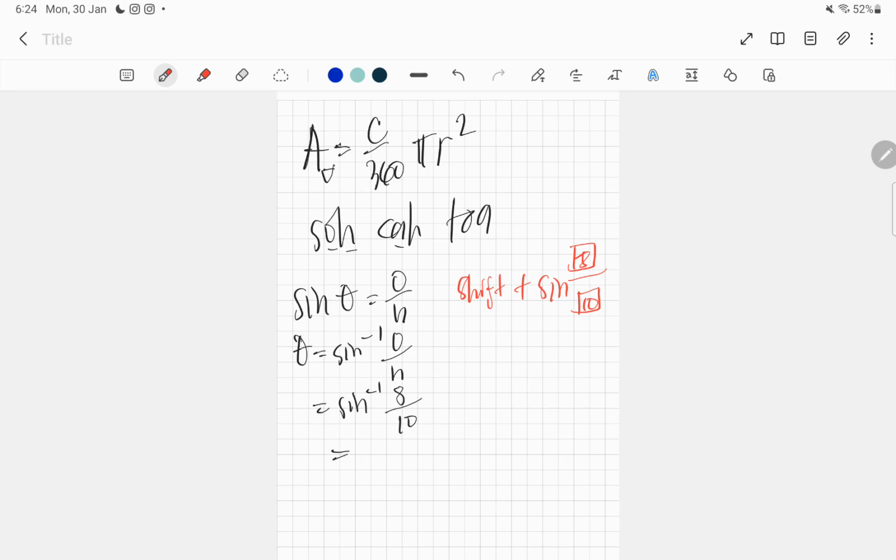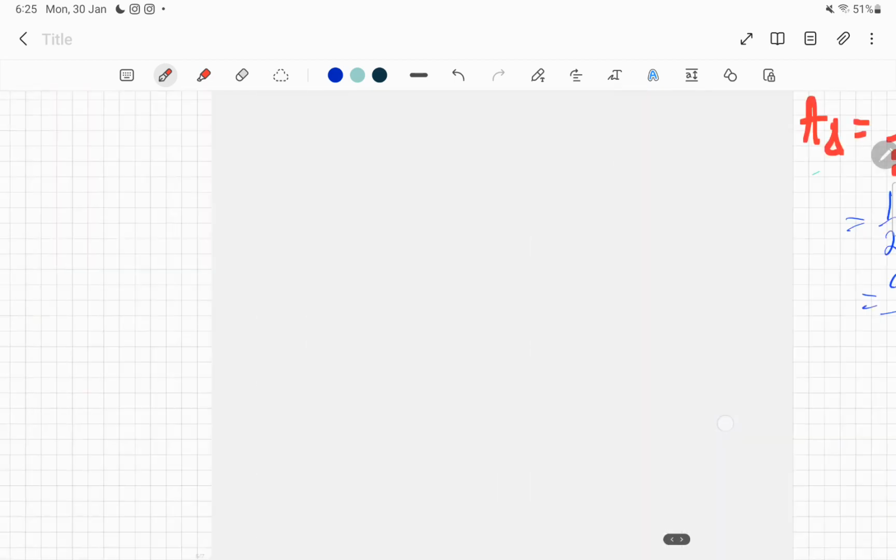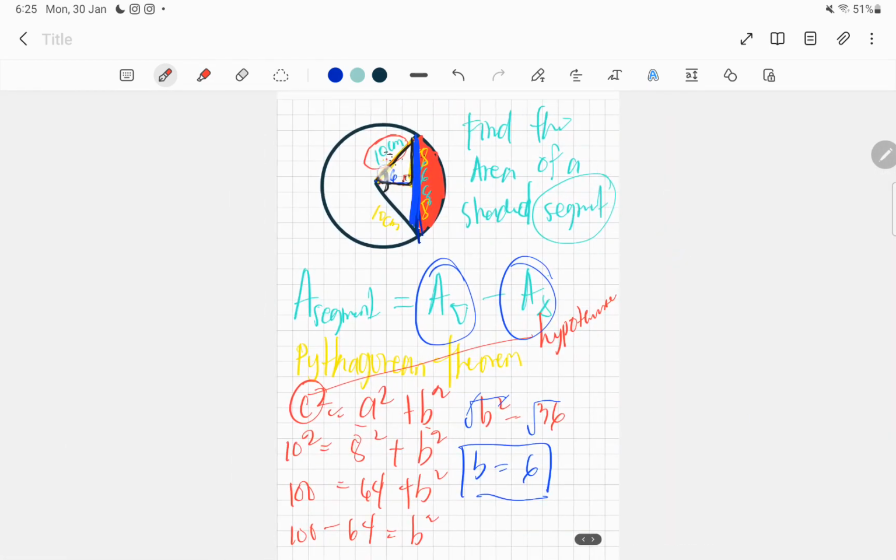Sine raised to -1 times 8 over 10, that is equal to 53.13 degrees. May point to, ha? So, your central angle, yung measure nito is 53.13.